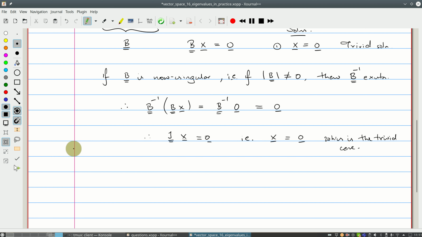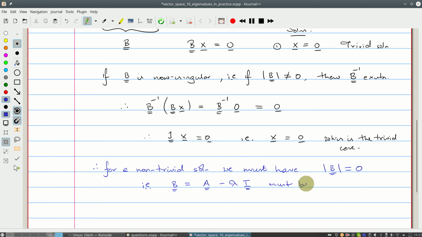So for a non-trivial solution, and this is important, we must have the determinant of B equal to 0, where B is equal to A minus lambda I. I'm using a slightly different notation here for the identity, but it's the same thing. This must be singular.